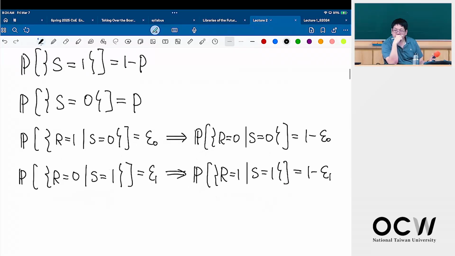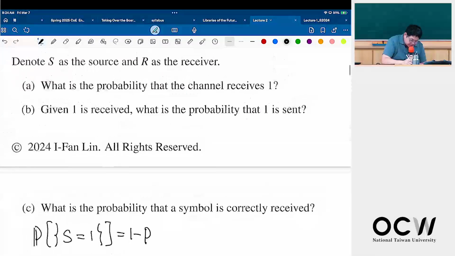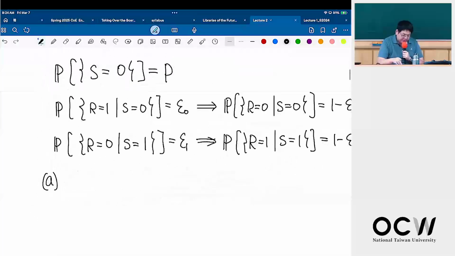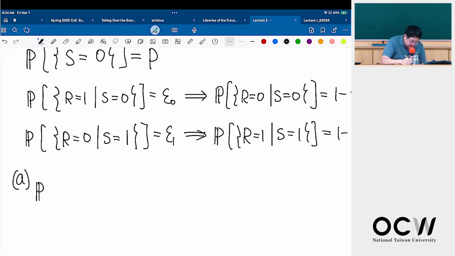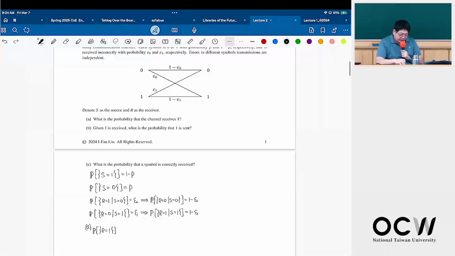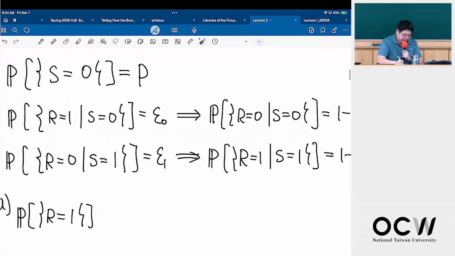Okay, so now for the first question, what is the probability that the channel receives 1? How can I receive 1? Receive 1 means that I may send 0 and I receive 1, or I may send 1 and I also receive 1.